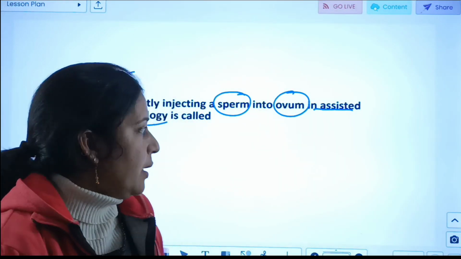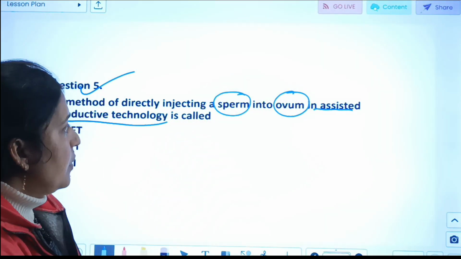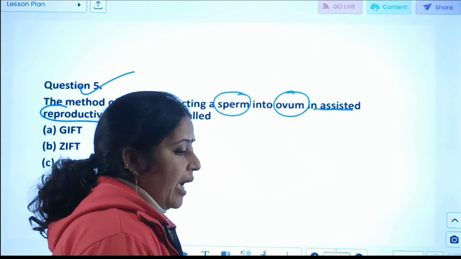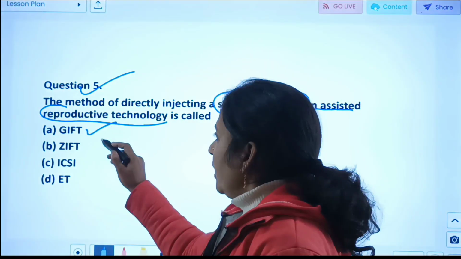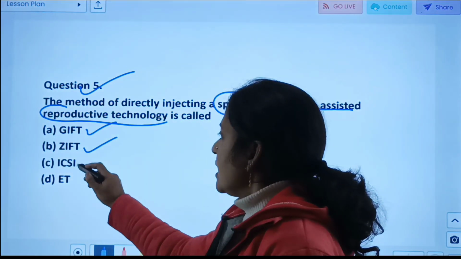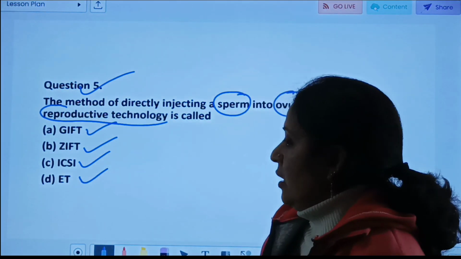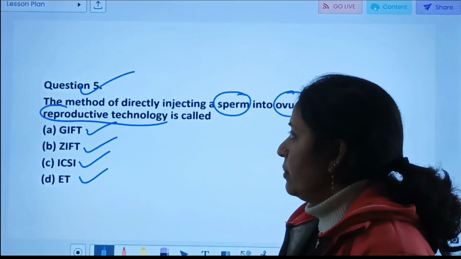So I repeat my question again. The method of directly injecting sperm into the ovum in assisted reproductive technology, that technique is called as, options are A GIFT, B ZIFT, C ICSI, and D is ET. And it is your question number 5.